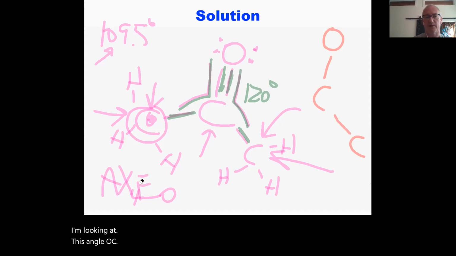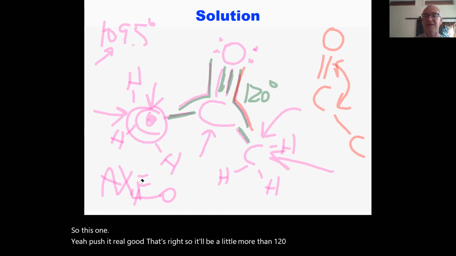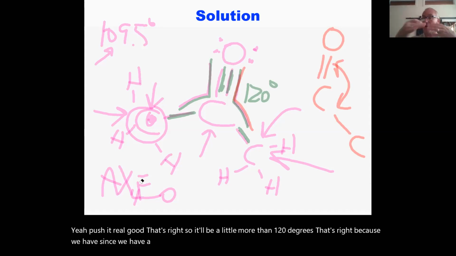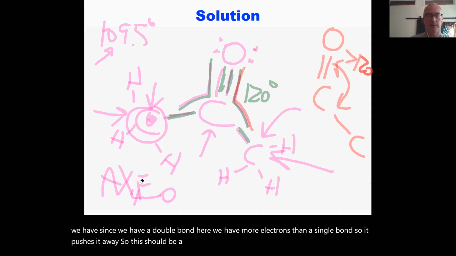I'm looking at this particular angle right here. Oh, it'll push it. Yeah, push it real good. That's right. So it'll be a little more than 120 degrees. Since we have a double bond here, we have more electrons than a single bond. So it pushes it away. So this should be a little greater than 120.